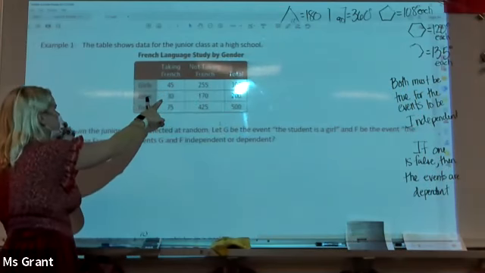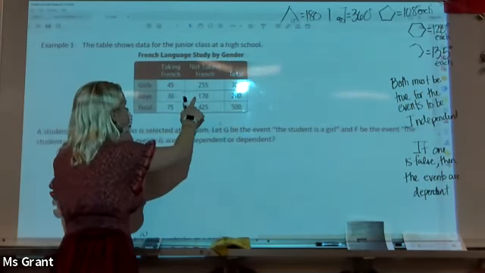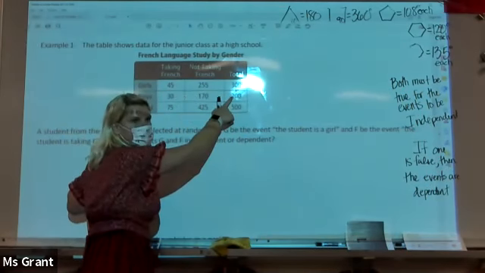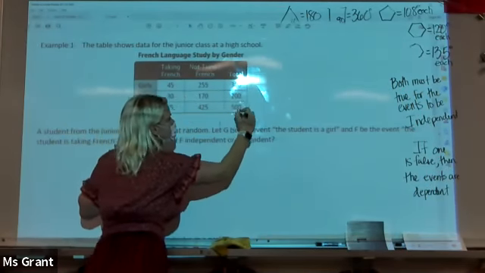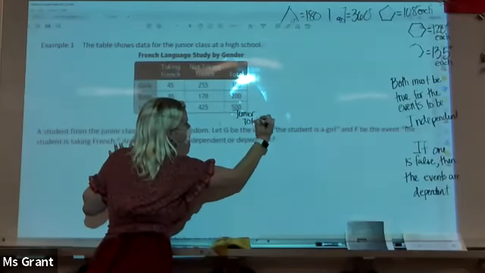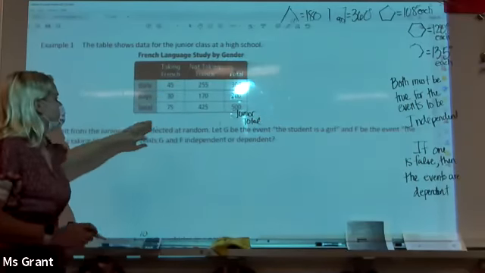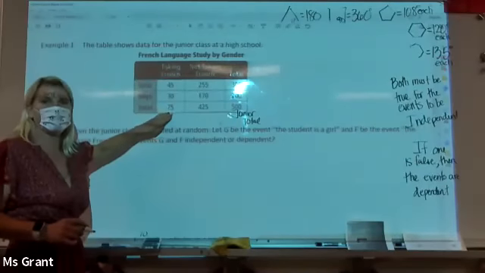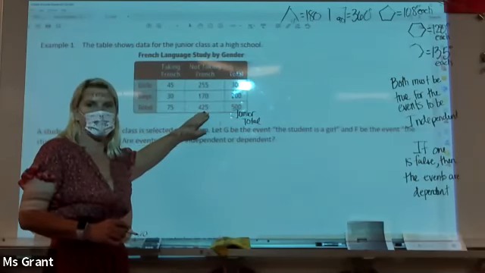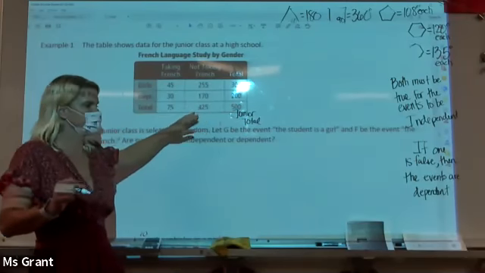There are 30 boys that take French. There are 170 that don't take French. There's a total of 200 boys in the junior class. Together, all the juniors is 500. The French students, there's 75 juniors, boys and girls, that take French. There's 425 boys and girls that don't take French.